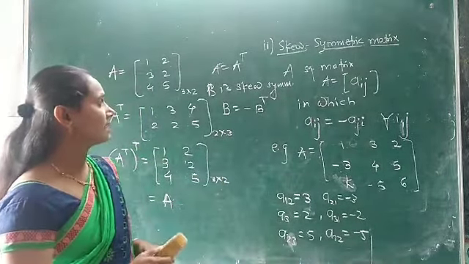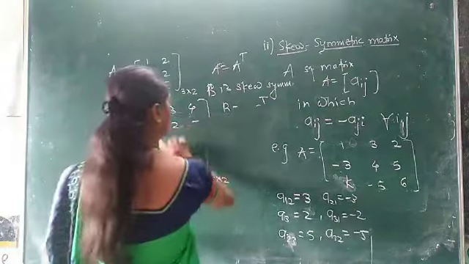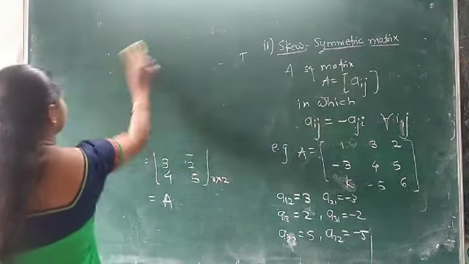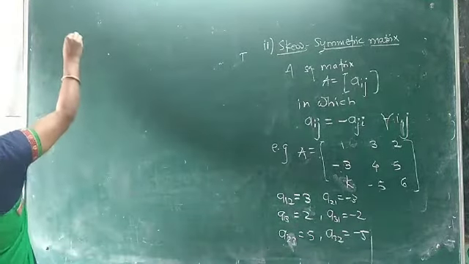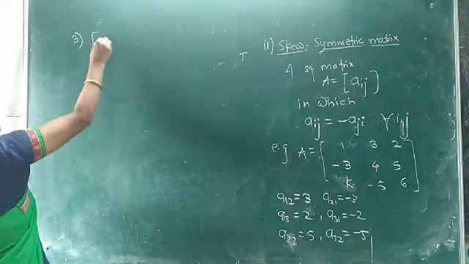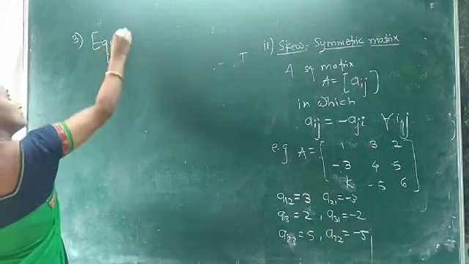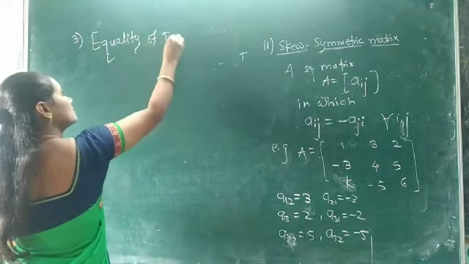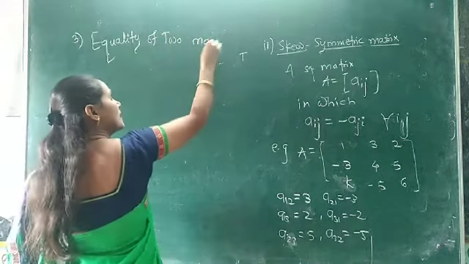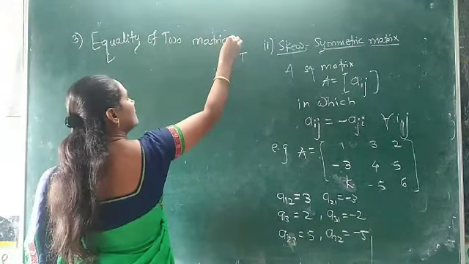Now we see the next point, that is equality of two matrices. When are two matrices said to be equal?